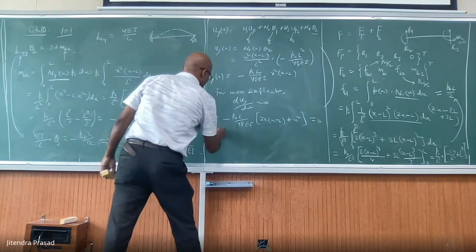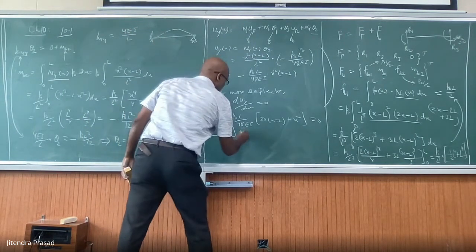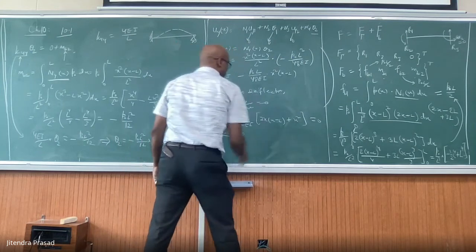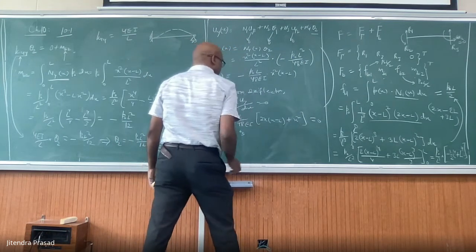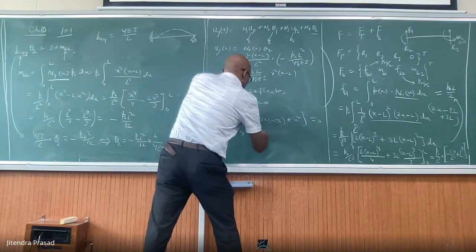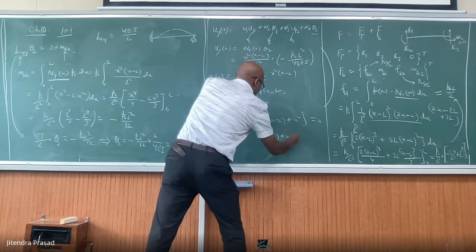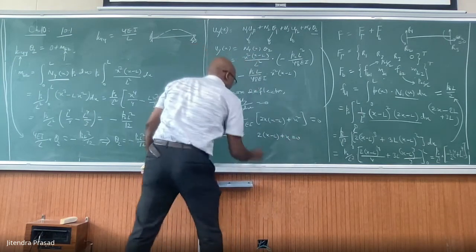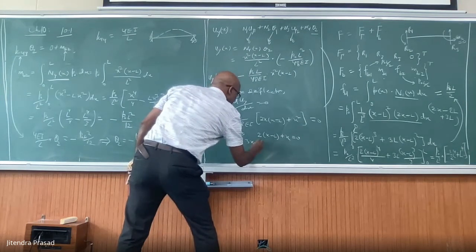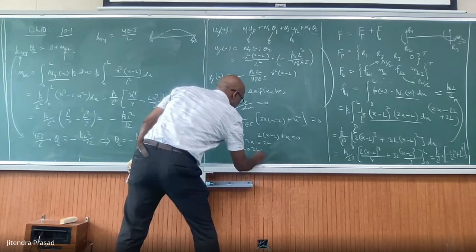So either x equal to 0, which is not correct, or we get 2(x minus L) plus x equal to 0. So 3x equal to 2L, x equal to 2L over 3.